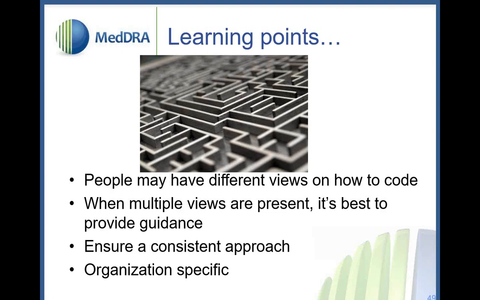And when multiple views are present, I would always say, personally, it's best to provide guidance within your internal coding conventions, because you could see, in the first example, there was more consensus on a temporary interruption of therapy. But for the second example, there were a lot of valid points that may need to be considered depending on how your organization wants to view it, or what kind of consistent approach they want to take.